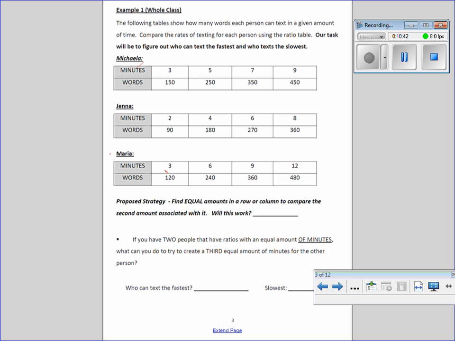JFR, come on up. I did 120 divided by 3, which I got 40. And then I put that down for everyone. For this one, I did 50. What'd you divide by?